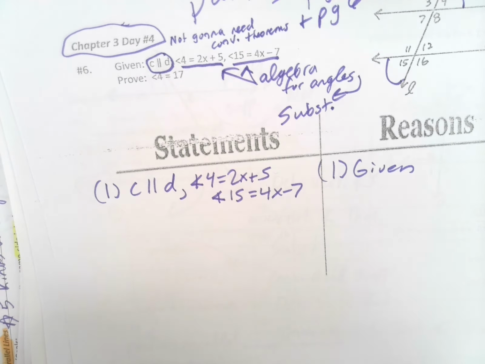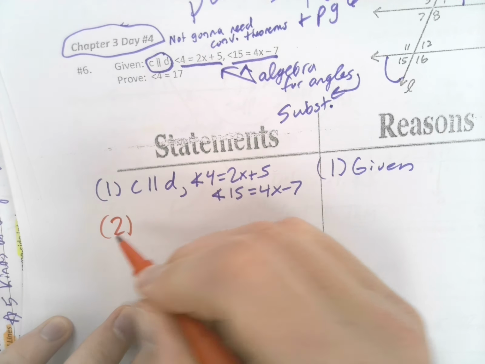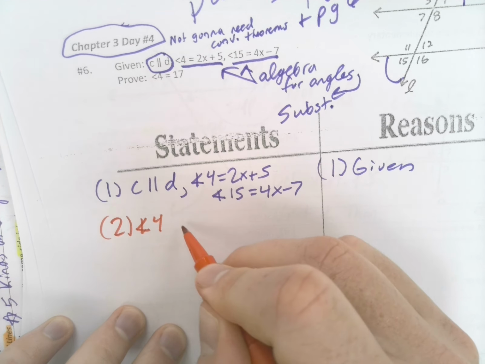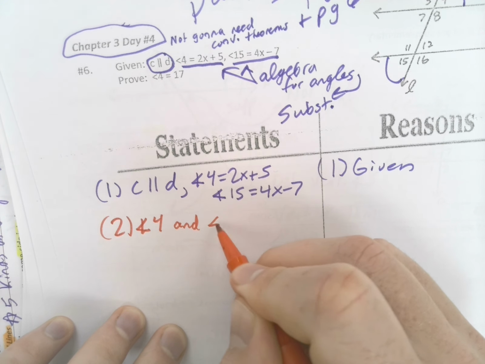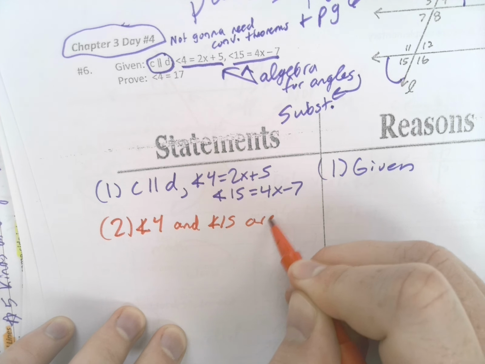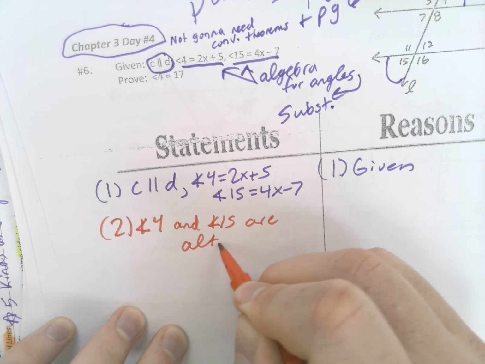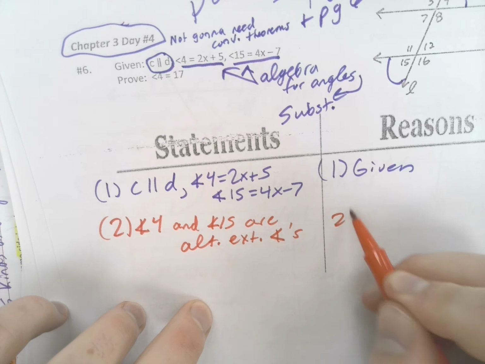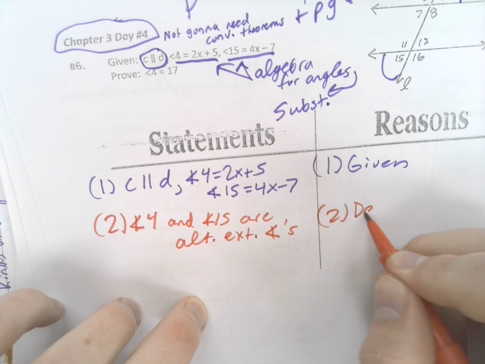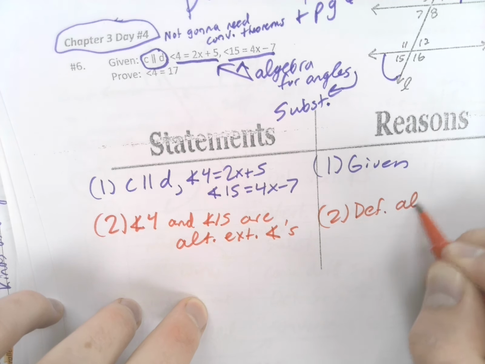So step 2, we can say angle 4 and angle 15 are alternate exterior angles. And what's going to let us say that? You guys know it. That's the straight definition of alternate exterior angles. So we got that locked up.